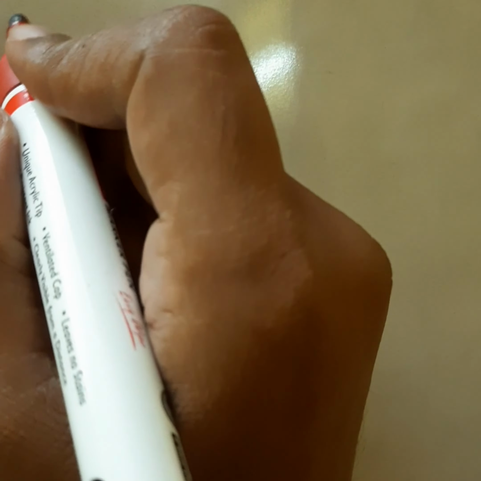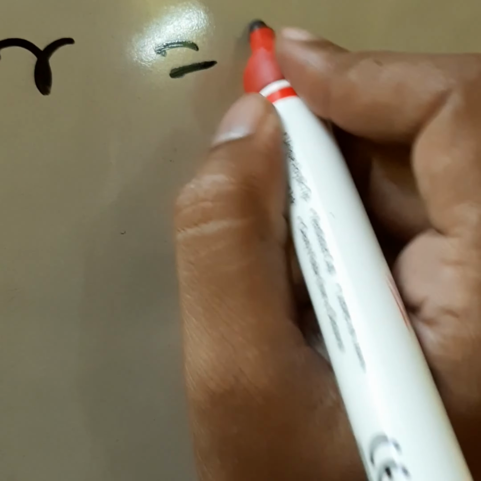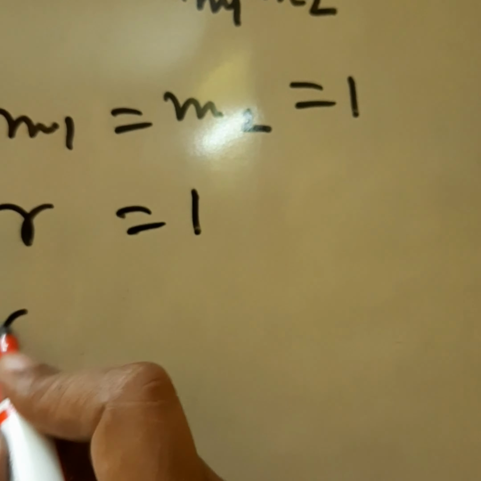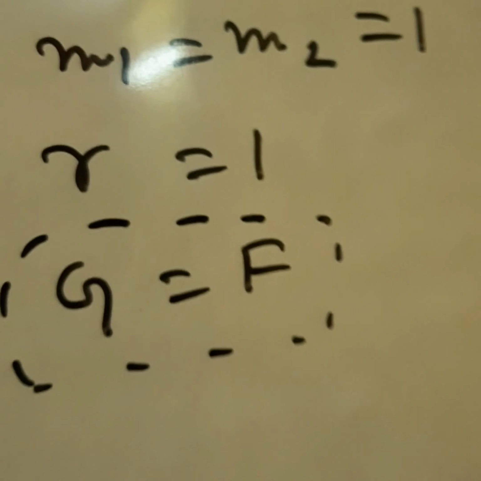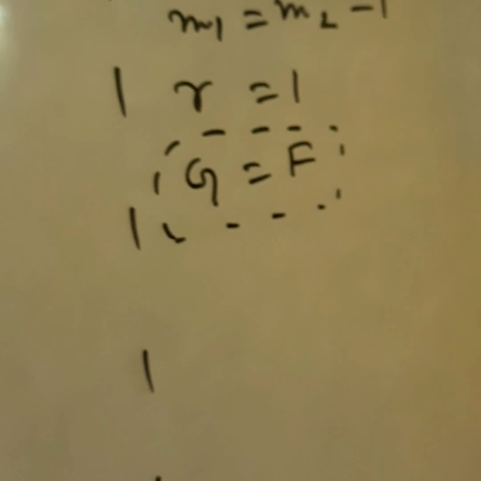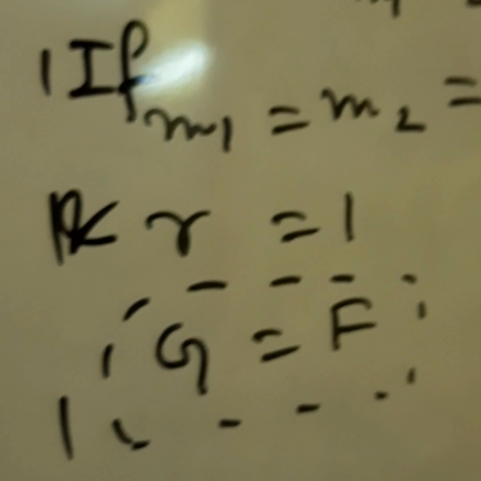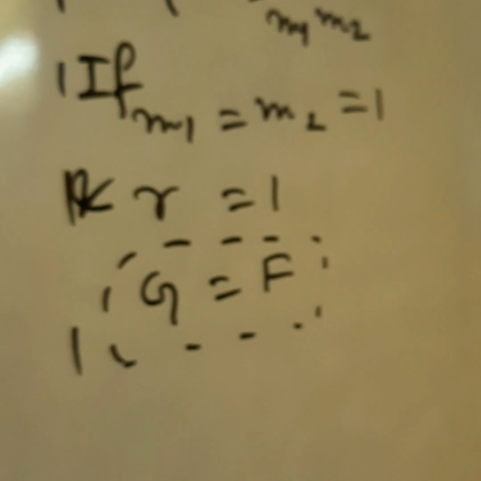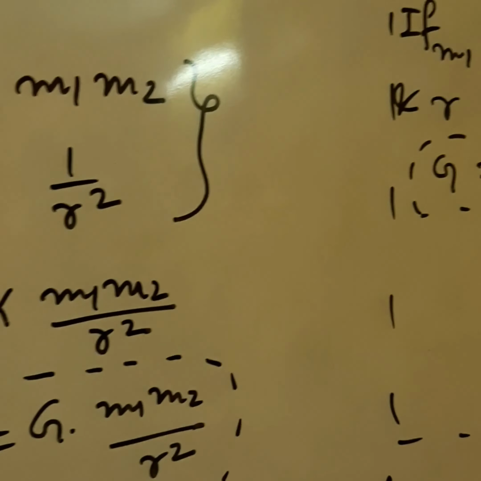Now if we take M1 equal to M2 equal to 1 and R is also 1, then we have G equal to F. So you can say that gravitational constant is numerically equal to the force acting between two bodies of unit mass separated by unit distance. This is okay for the junior classes.